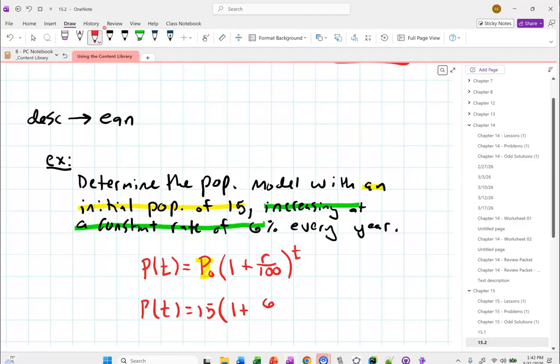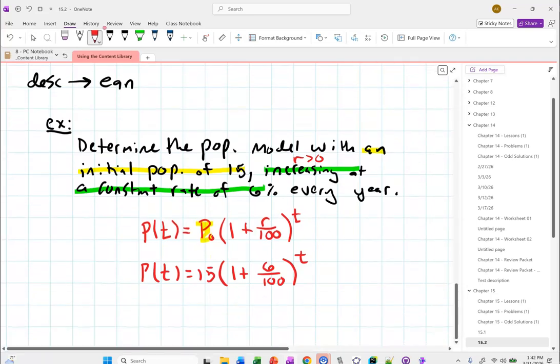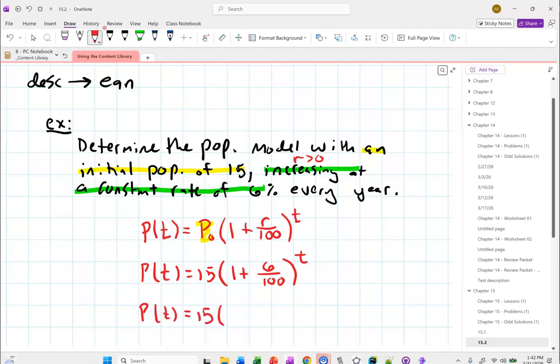R is positive 6. Why did I emphasize the positive? Yeah. Increasing says R is greater than 0. If it said decreasing at a constant rate of 6, it would mean that R would be negative 6. Everybody's okay there? And if I do a little simplifying, 6 over 100 is 0.06, and if I add 1 to that, 1.06, and I'm going to clarify that t is in years.